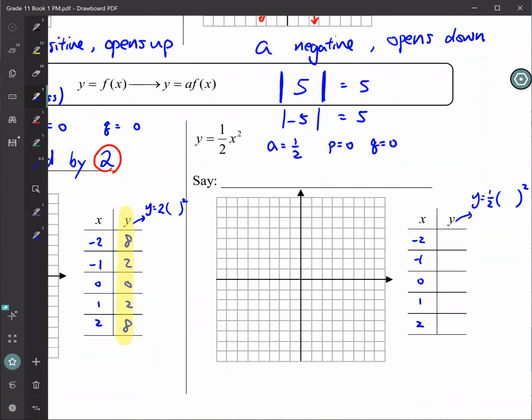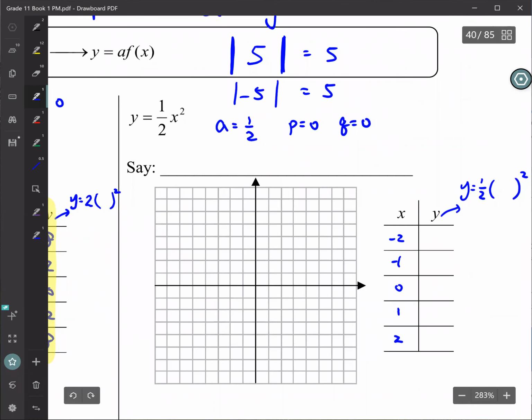If you finish both graph and table, please raise your hand. Braden, can I get your table for y?